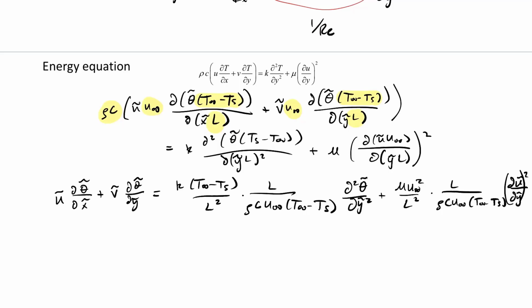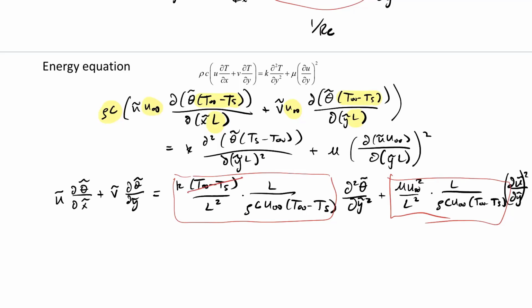So now we see, again, normalize. There are no dimensions on these terms, except we have a couple of groups that are interesting. We have all this stuff multiplying d squared theta dy, and another dimensionless group multiplying our viscous term. So what can we do? The T infinity minus TS cancels.